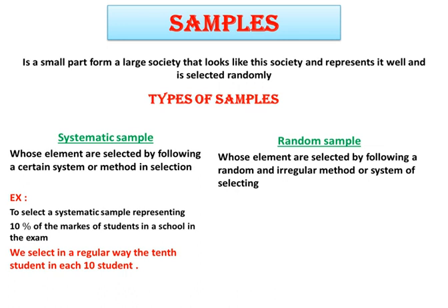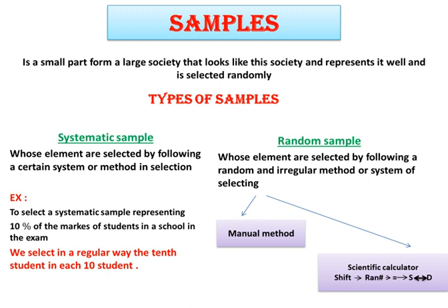In selecting a random sample, we have two ways: the manual method or the scientific calculator, by pressing shift, then rand, then equal, then S-D to convert into a decimal number.